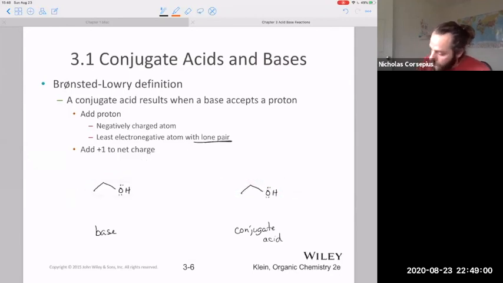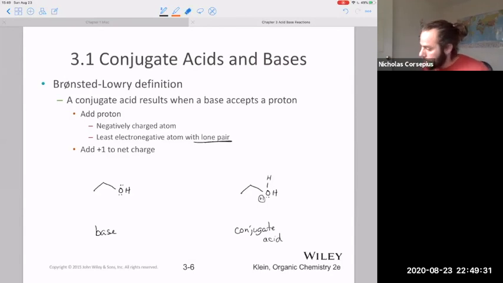I'm going to add another proton, right? The base is accepting a proton, so I'm going to add another proton onto that atom with the lone pair. And then again, I got to remember that that's going to increase that oxygen charge by +1. It was neutral on the left as a base, which means that it's going to be +1 over here on my conjugate acid side.